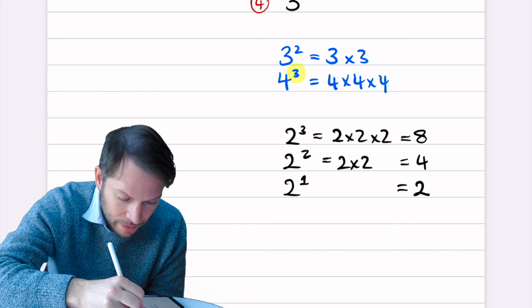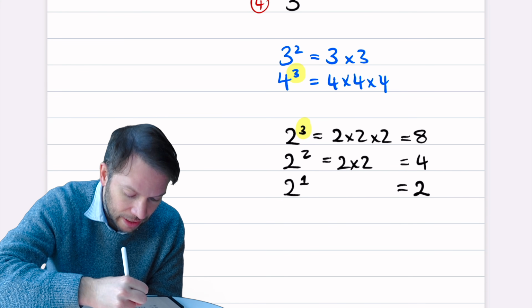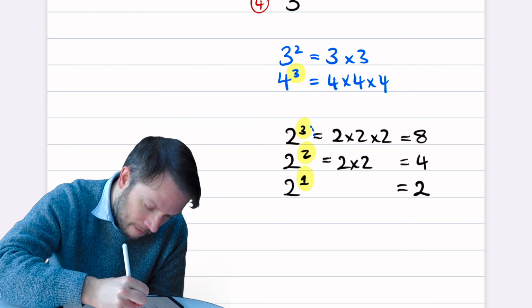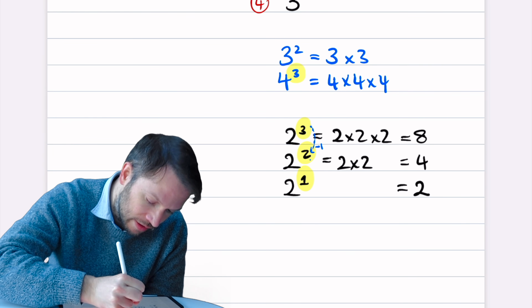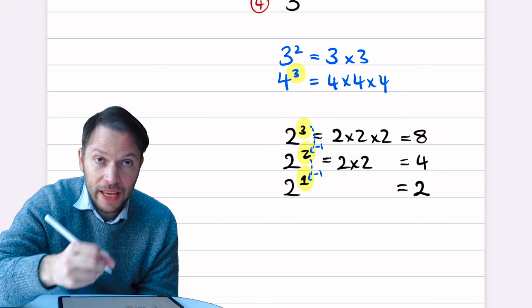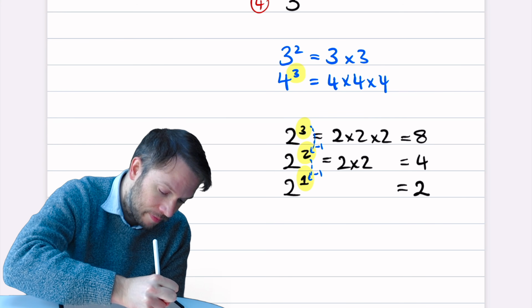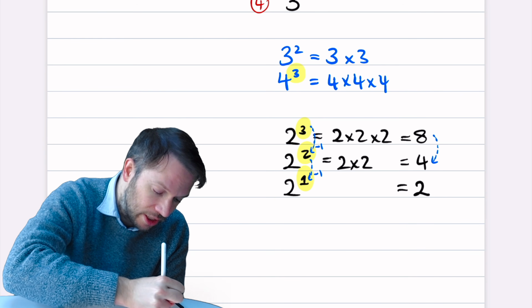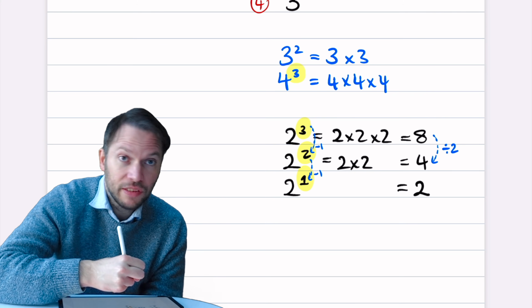Can you see that these indices here are going down by 1 each time? So this is going down by 1, this index is going down by 1, etc. And each time that index goes down by 1, because we have 1 less 2 that we're multiplying by, you can see that the result gets divided by 2.